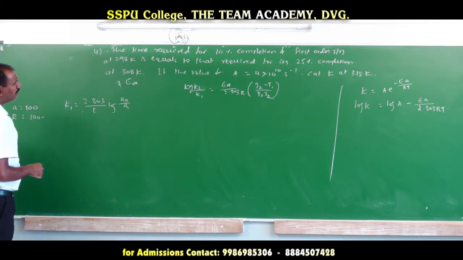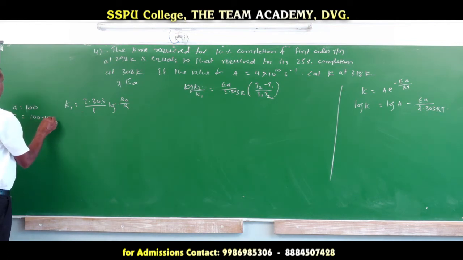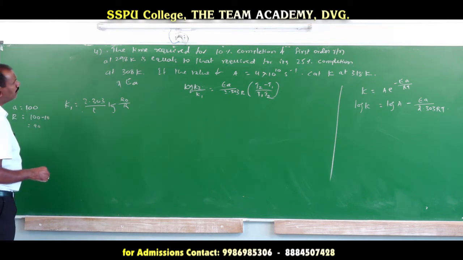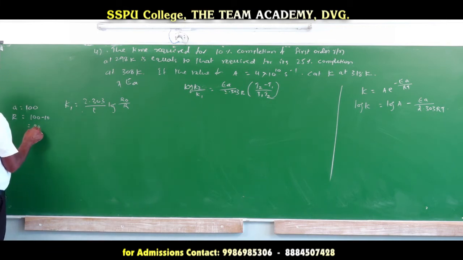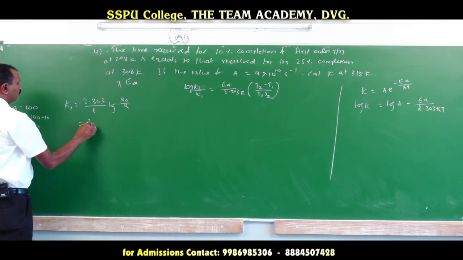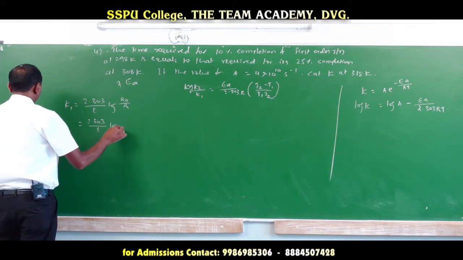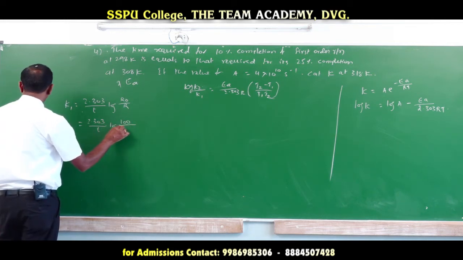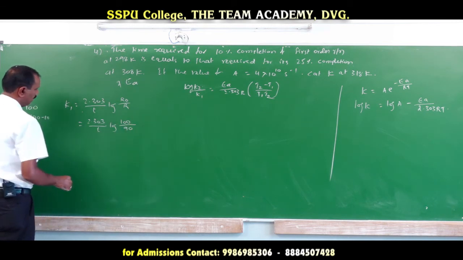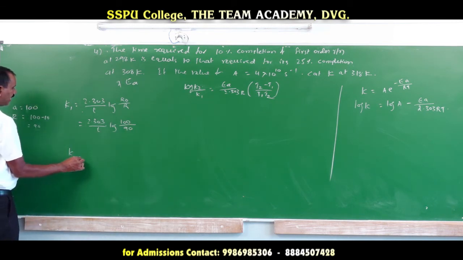If 10% of the reaction is done, 90% is left behind. So 2.303 by T into log of 100 by 90. Done.